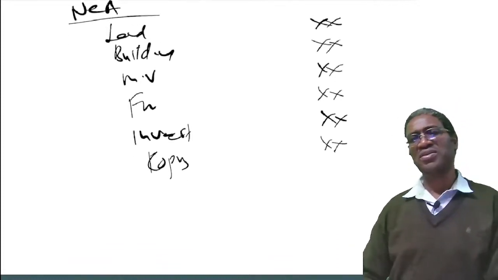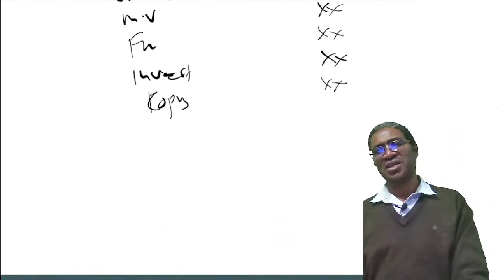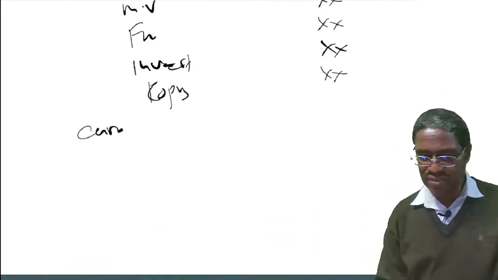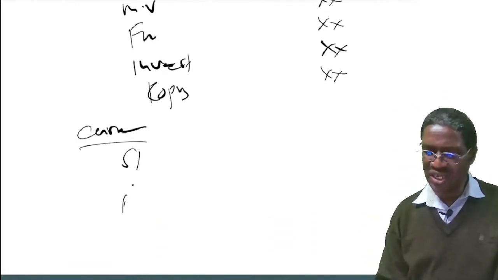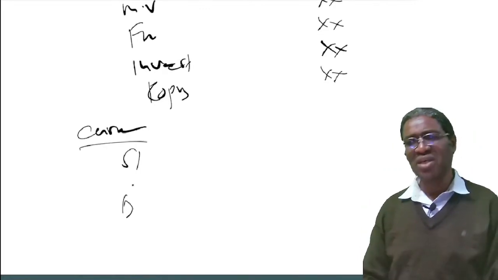Then you come to current assets, stocks, debtors, cash, bank, whatever.